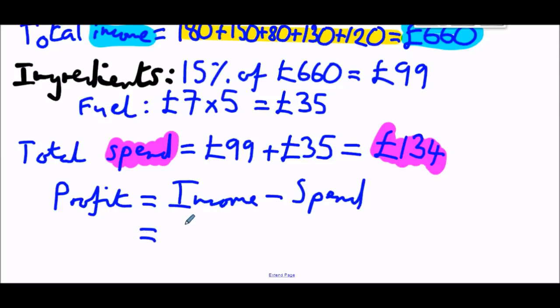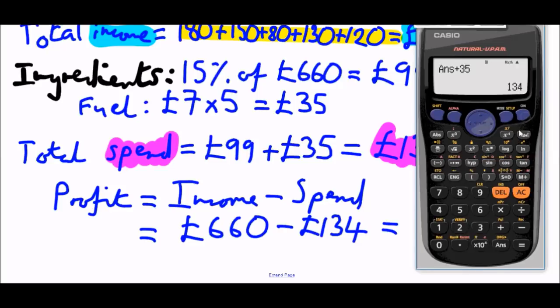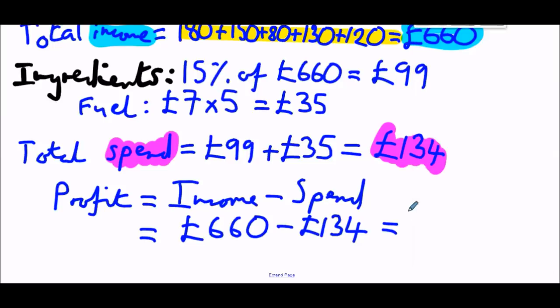So his income is £660 and what he spent is £134. So we do this on a calculator, 660 minus 134, and we end up with 526. And so our final answer is 526.